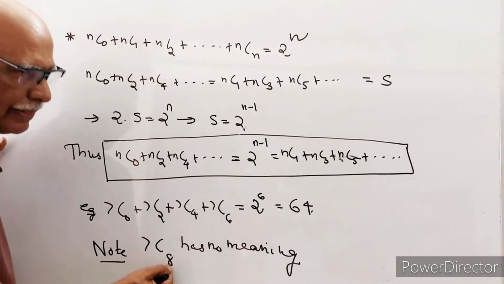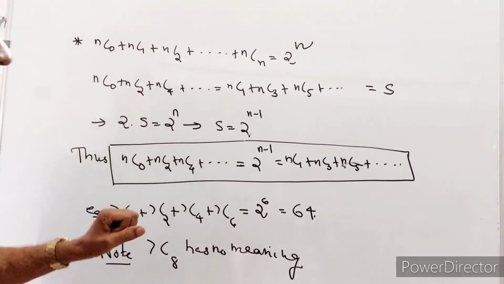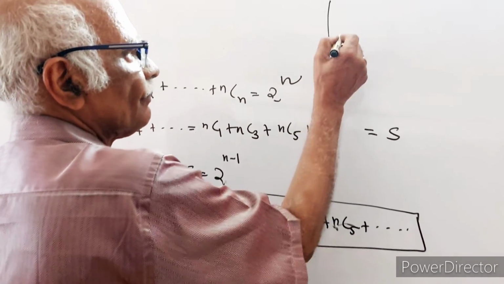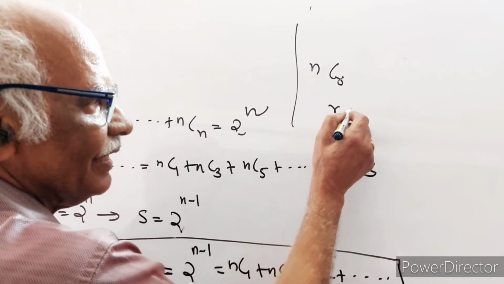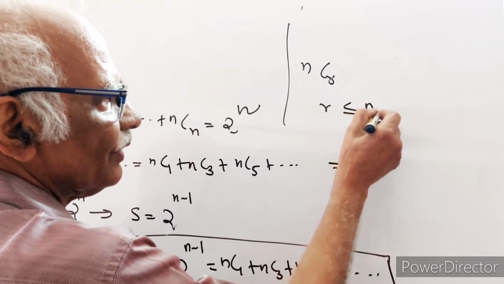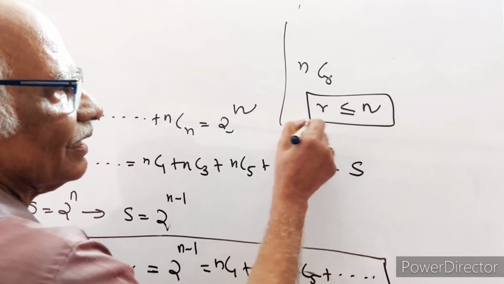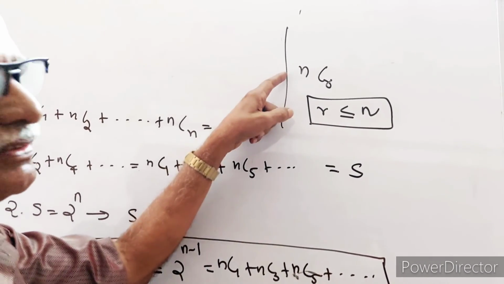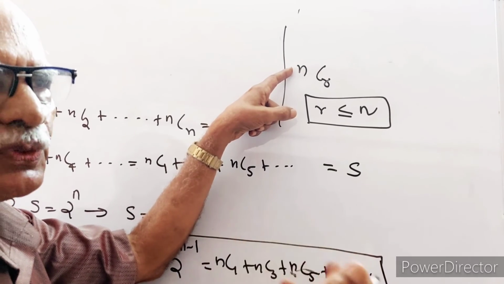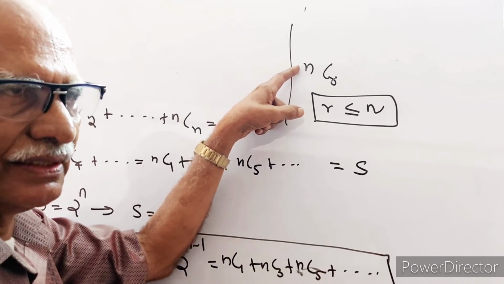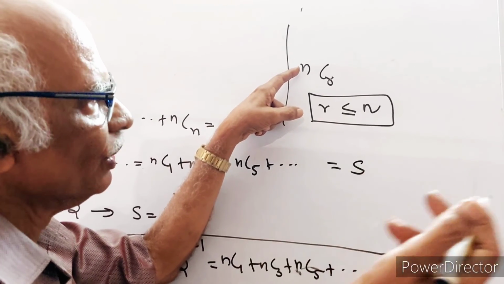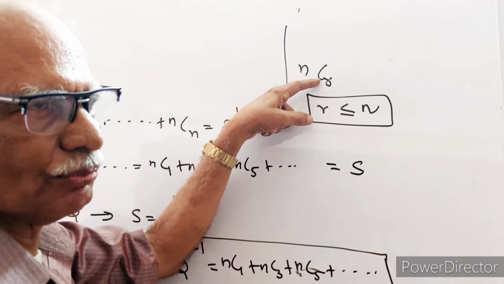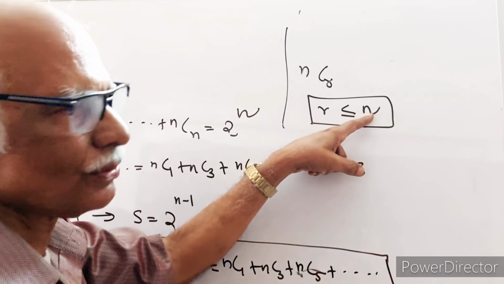In nCr, this r must always be less than or equal to n. Given n things, you can take only up to n things. You can take 0 things, 1 thing, 2 things, but you cannot go beyond n. So r should always be less than or equal to n.